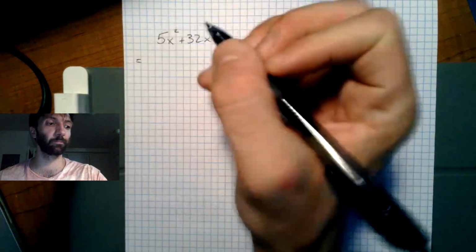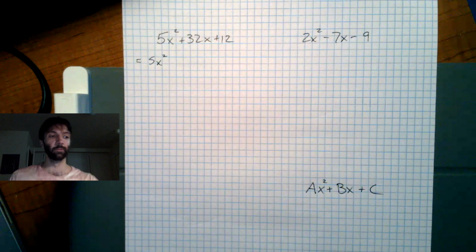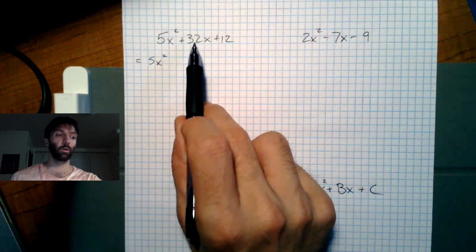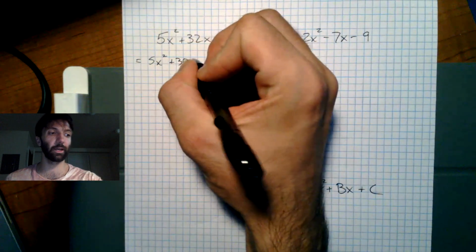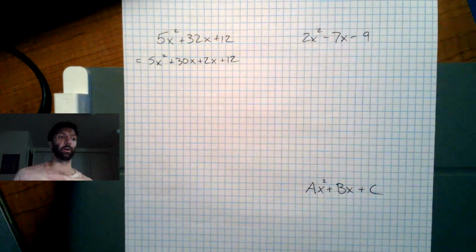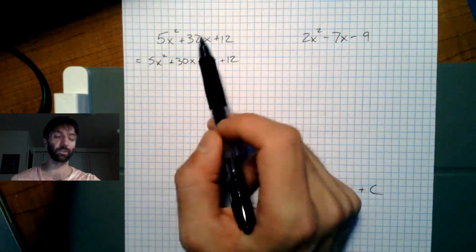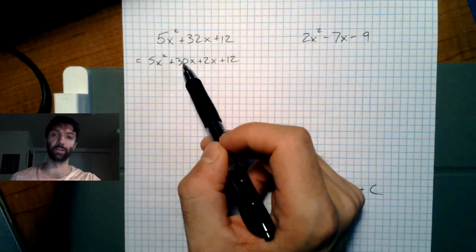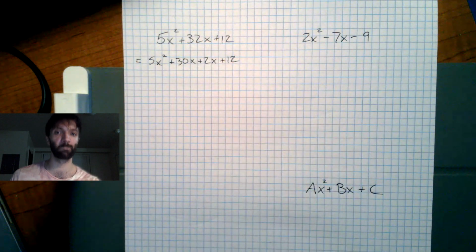So we're going to rewrite this expression, and instead of writing 32x, we break that 32x into plus 30x plus 2x. I've strategically substituted 32x for 30x and 2x, because 30x plus 2x is 32x, so I haven't actually changed anything.